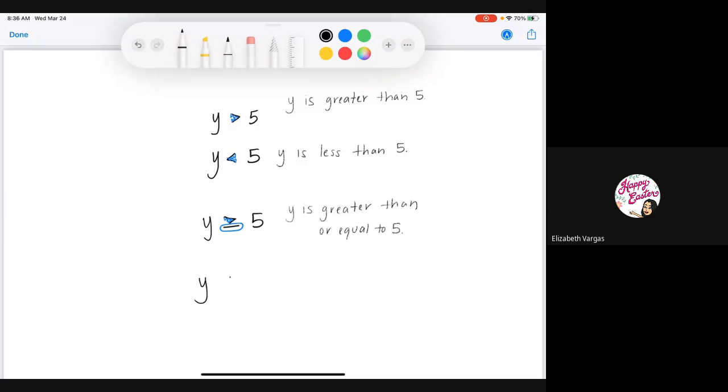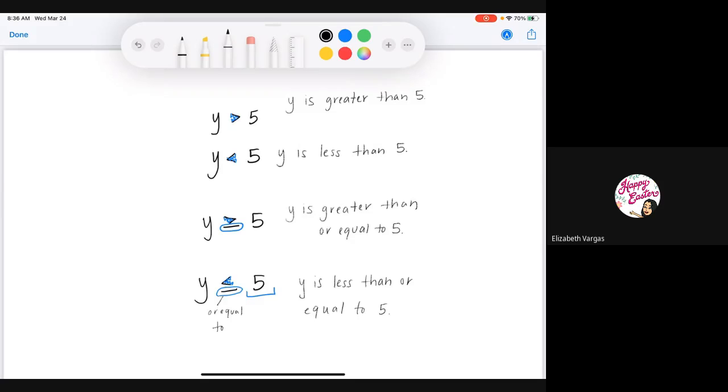What if I had it this way? Well, as I can see here, the alligator is facing the 5, which means 5 is my greater amount, which means y is less than 5. But it's telling me y is less than or equal to 5, because that tells me or equal to. So y is less than or equal to 5.